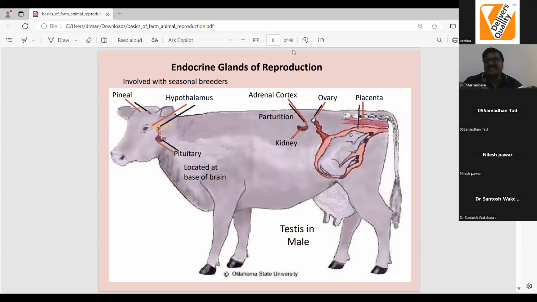And once this reproductive system is developed with 2, 3, 4 cycles, 60 days, 80 days, 100 days, this particular time phase of 3, 4 cycles is required for maturity. That particular period is important.